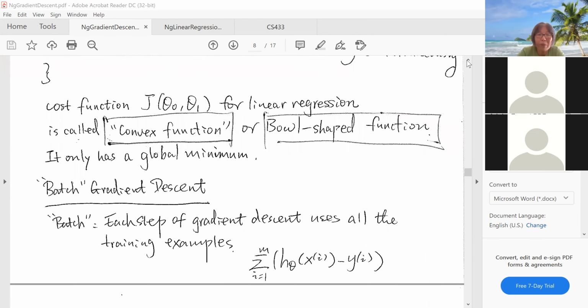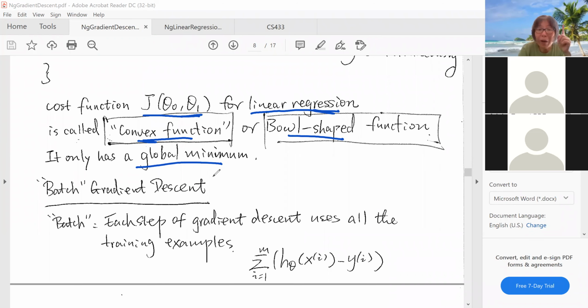And previously we already saw the cost function quite a number of times. Anyway, be careful here, the cost function is only regarding linear regression. So it's a convex function or bowl-shaped function. In this case, it has a global minimum, because it's just that one point.